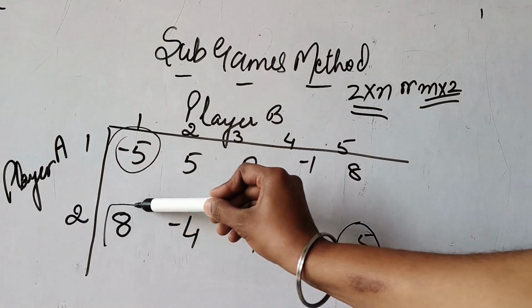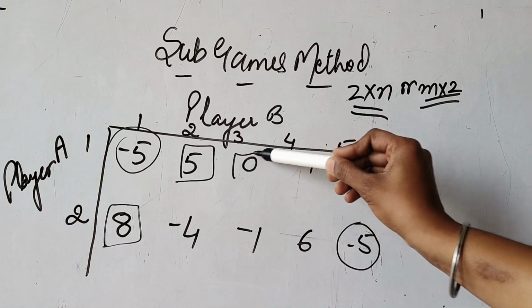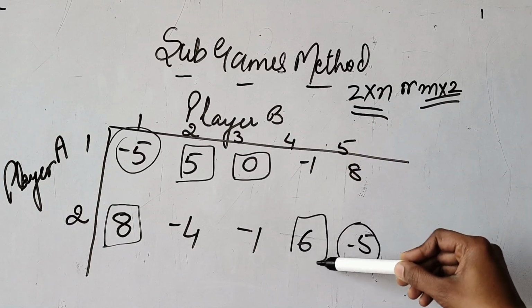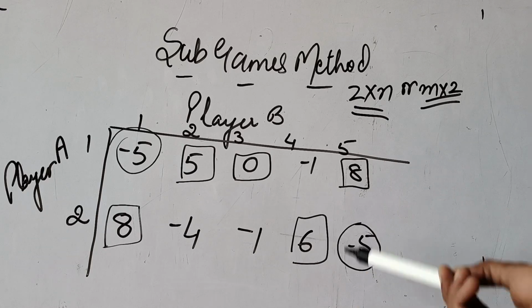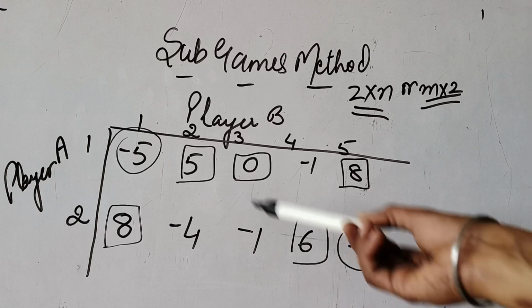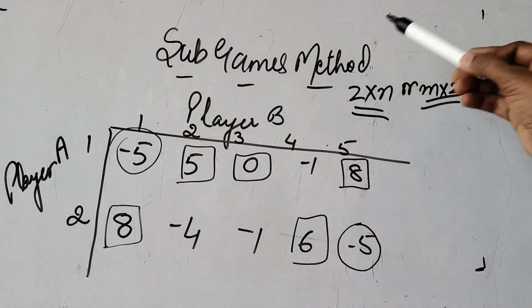Out of these columns, maximum is this, maximum is this, maximum this one, maximum this one, and maximum this one. So we can see that row minima is not equal to column maxima. So here the game does not have a saddle point. One player has two alternatives, so we will start the question with the subgame method.